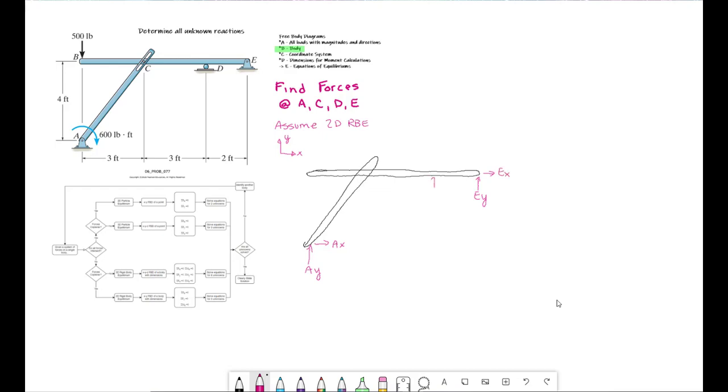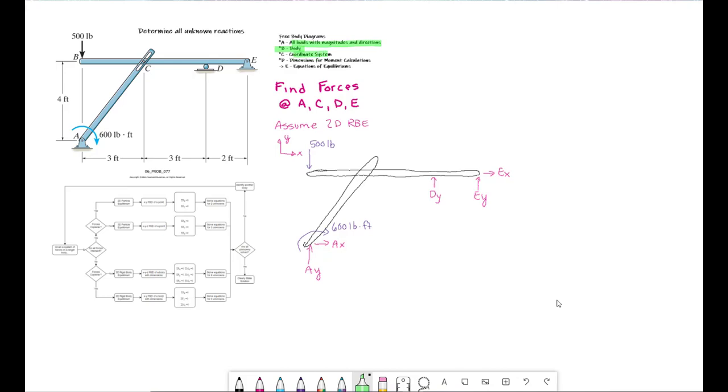D is a roller, just resisting the downward motion. We also have some knowns: 500 pounds out here at B, and 600 pound-feet at A. So that means we've got all of our loads with magnitudes and directions.